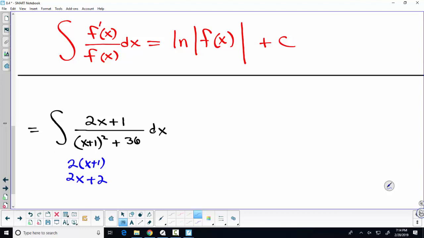So we don't have a 2x plus 2 up there. But what if we did something like this, where we said, I want this to be a 2x plus 2, so I'm going to add 1 into the integrand, and then what would I do? Subtract 1 somewhere else.